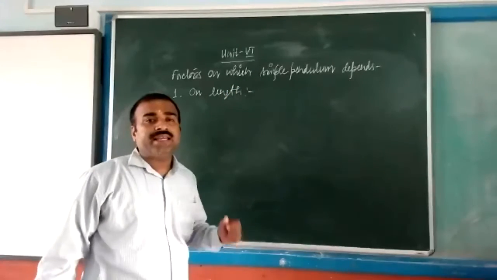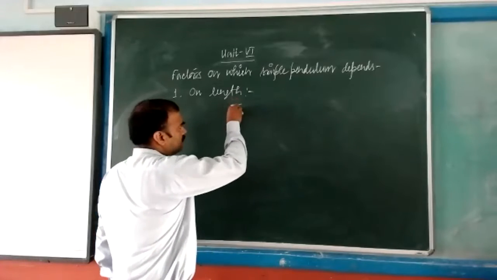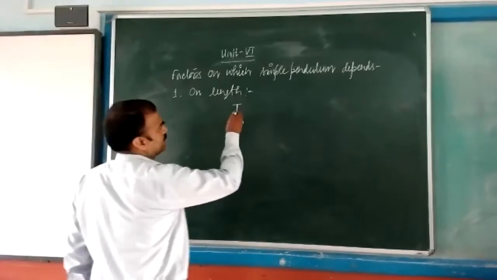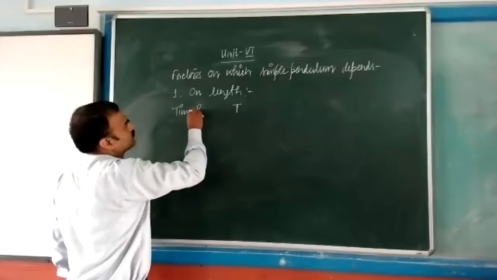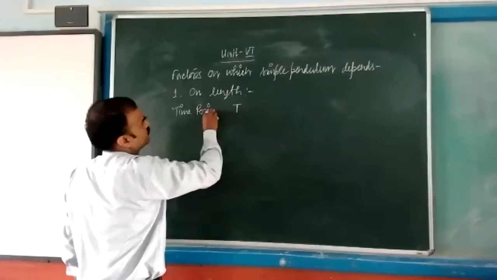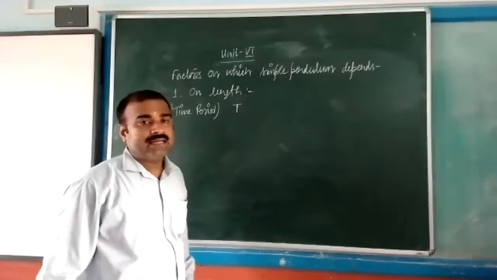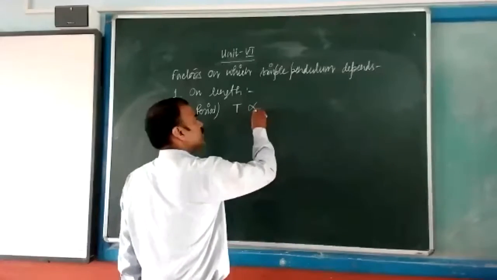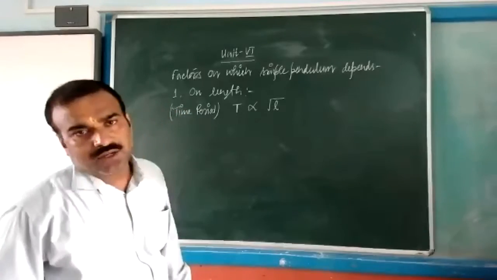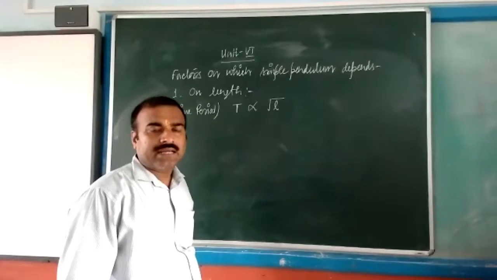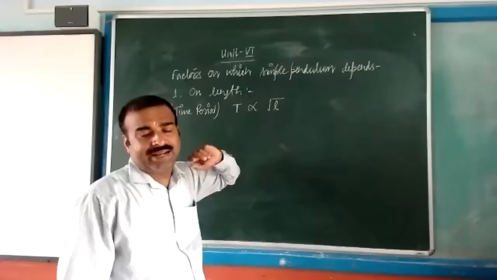The time period T of a simple pendulum is directly proportional to the square root of length.